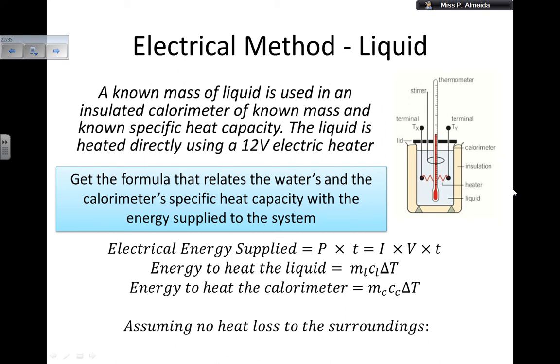So assuming that I lose no heat to the surroundings, which obviously is assuming the ideal condition, I have that IVT, so the current times the potential difference times the time, is going to be equal to the mass of the liquid times the specific heat capacity of the liquid times the temperature change of the liquid, plus the mass of the calorimeter times the temperature change of the calorimeter times the specific heat capacity of it, okay? So this is how you can then figure out the specific heat capacity.